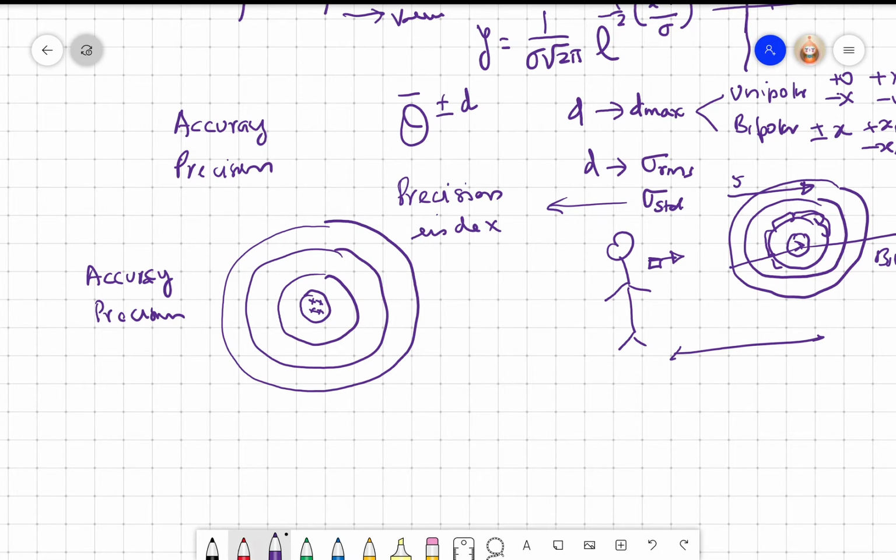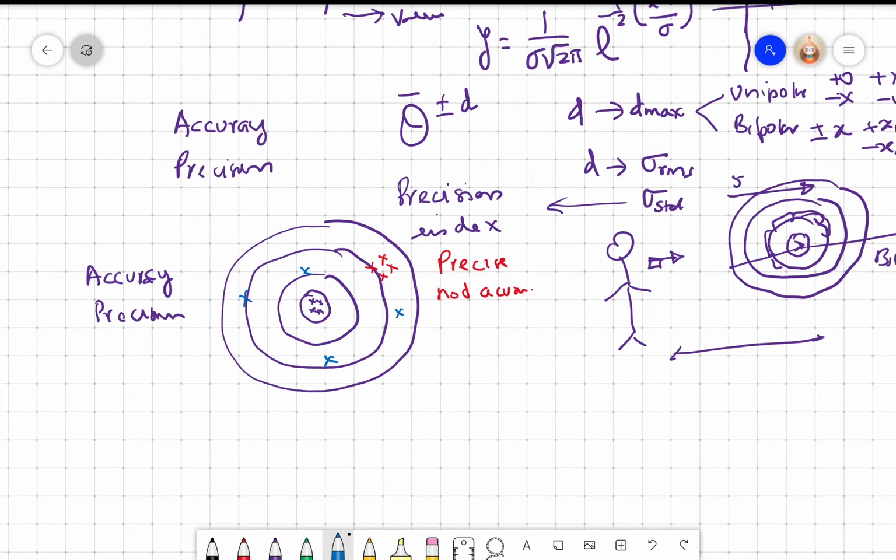Let's say there is another player, player B. I am marking it in red. Throws like this. Of course, he is precise, more precise, because all his throws are at the same place. Repeatability is there, but he is not accurate because he is away from the bullseye. Now we can have a third person who throws like this.